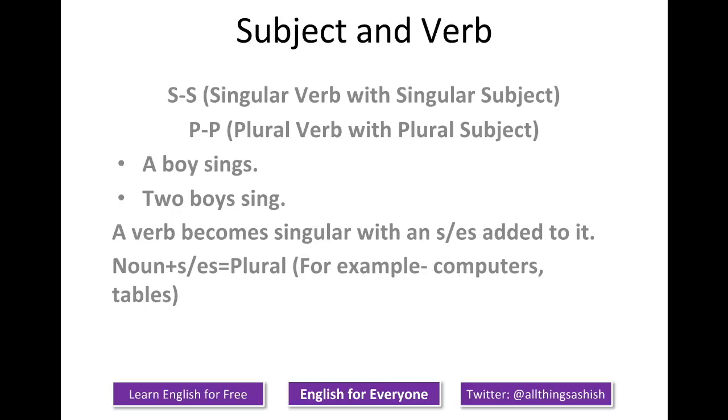For example, computers or tables, etc. A lot of people make the mistake of saying something like two boys sings because they feel that sings is plural as a verb, but that is not the case. As a verb, sings is singular. It is nouns that become plural when we add an S or ES to them.